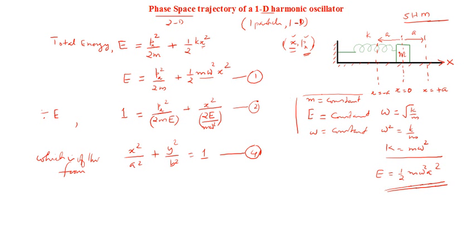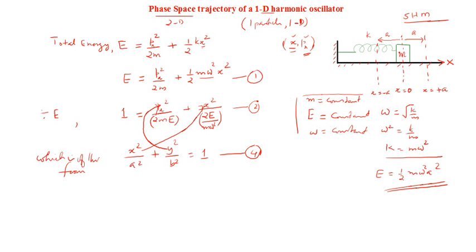If you want, you can rewrite this, interchanging the order. In place of x, I keep x itself, the position, and in place of y, the quantity along the y axis, I take px. So just interchange the order of the equation. Now in place of a square, you have 2E by m omega square, and in place of b square, you have 2mE.